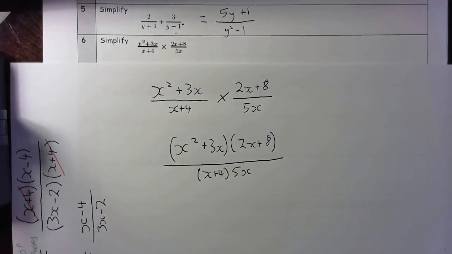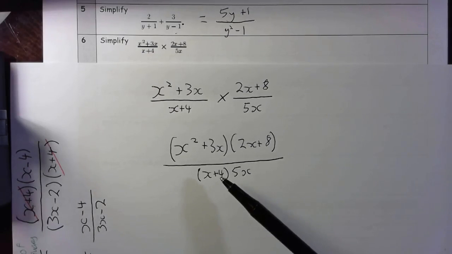I need to think, is there a way that I can create a common factor here on the top and the bottom which will enable me to simplify it? It would be possible to expand this all out and then try to find one, but it's actually, I think, easier at this point to spot a way of generating a common factor.